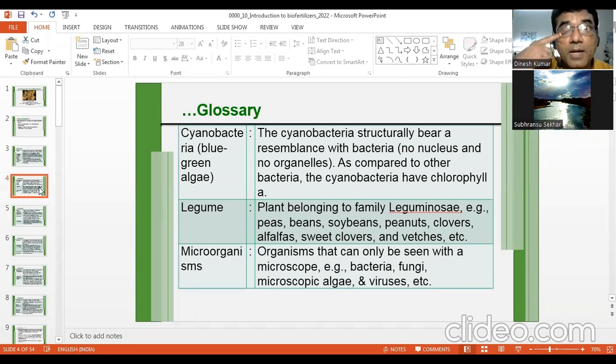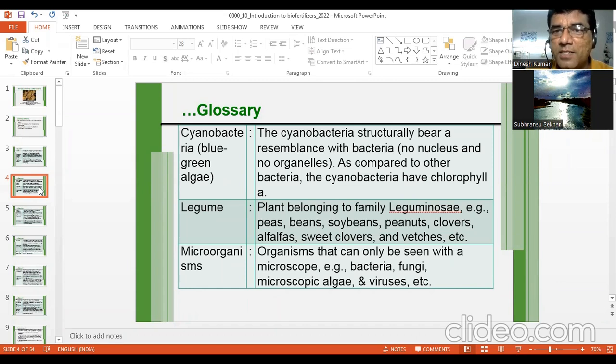It is dependent upon the associated azolla to get the energy, to get the food. And in turn, this cyanobacteria will give nitrogen to the fern, that is azolla.